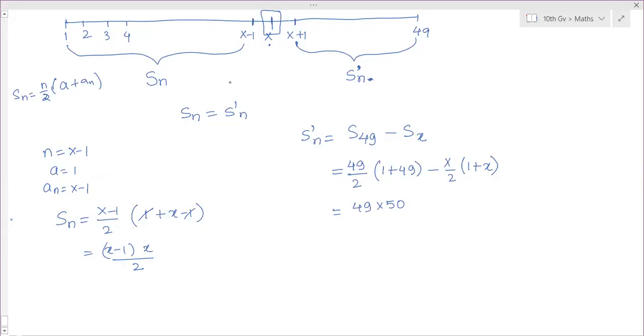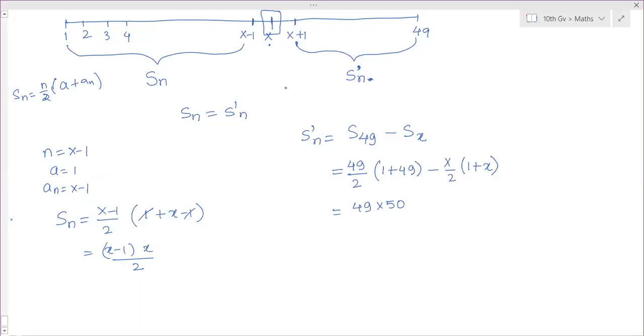AN means, in sum of terms, the term till which you have to calculate the sum. AN is not always the last term here. If you are calculating the sum till 10 numbers, then AN will become A10. Clear? Okay, ma'am.